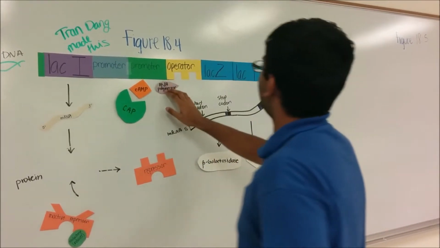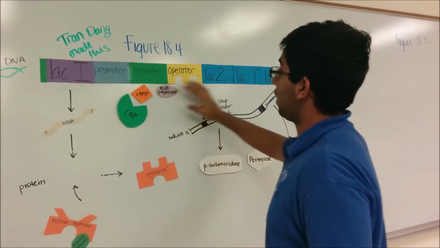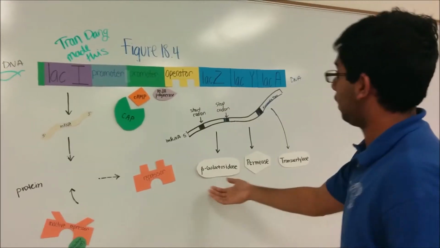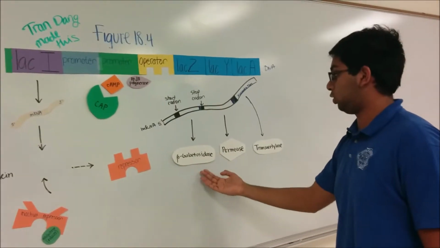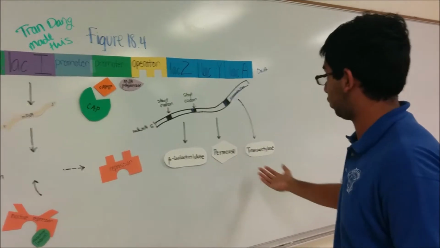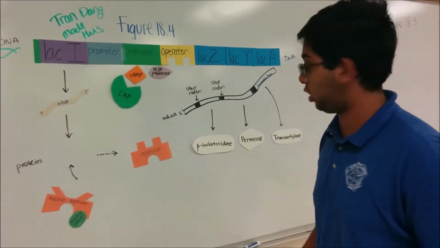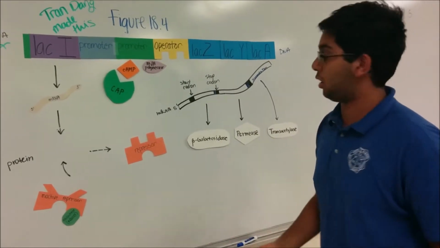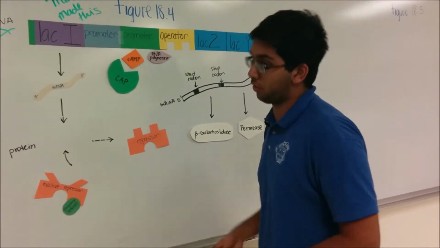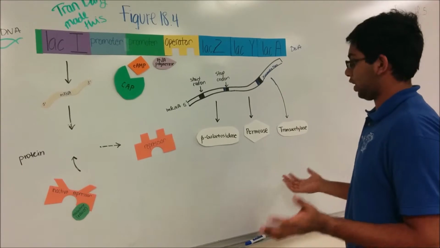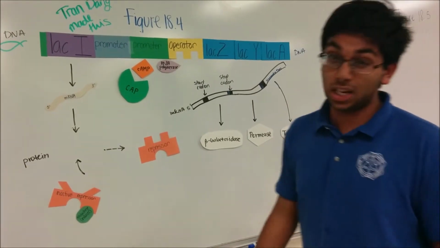And so when this process happens faster, beta-galactosidase and transacetylase are able to break down the lactose faster, and the permease is able to transport this lactose faster. Therefore, the lactose concentration decreases.